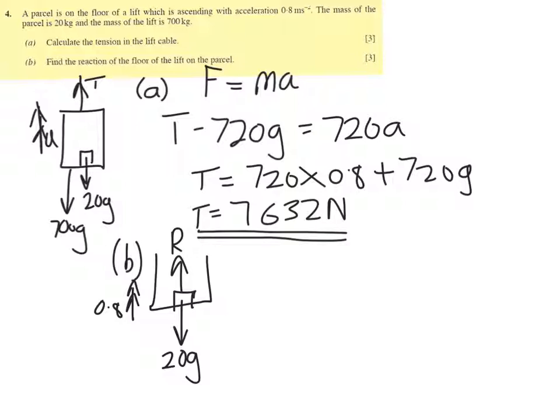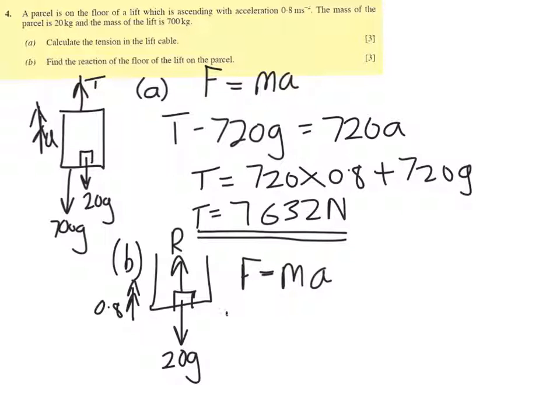Right, F equals ma for part 2. But remember this time we're only looking at the parcel. Okay, so I can see that reaction and the acceleration are both in the same direction. So reaction is going to be my positive on the force side.